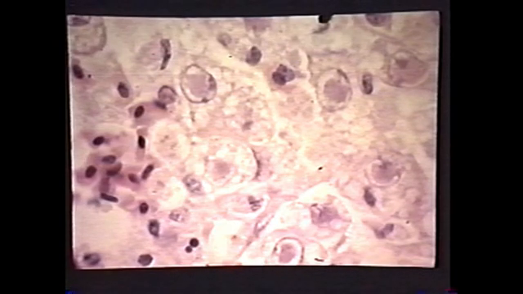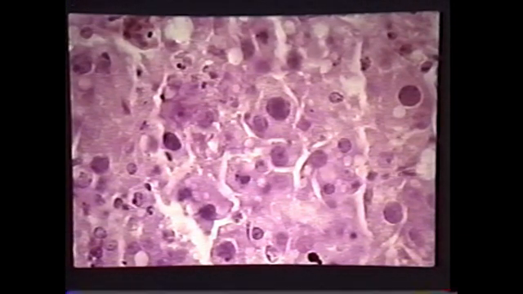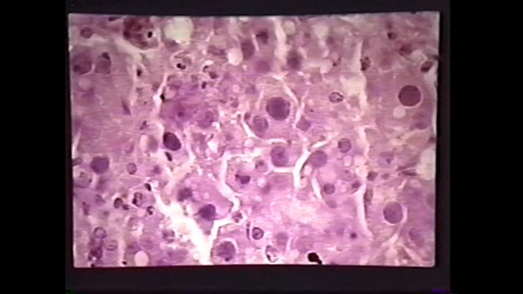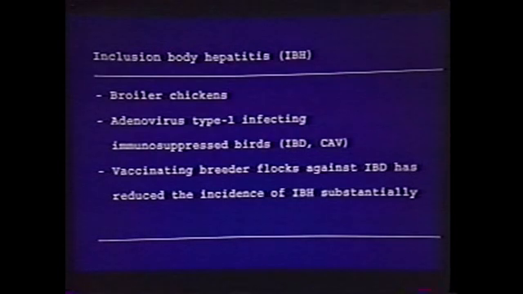I try to take several sections of each liver, and that will help me look for both the basophilic and the eosinophilic inclusion bodies. It's caused by, as I said, adenovirus type 1, usually in immunosuppressed birds. We have 2 very common immunosuppressive diseases, infectious bursal disease virus and chick anemia virus.